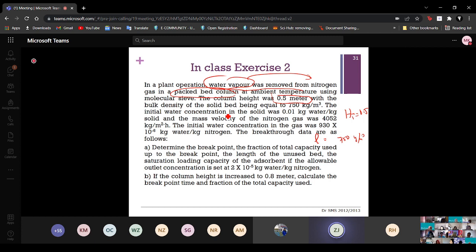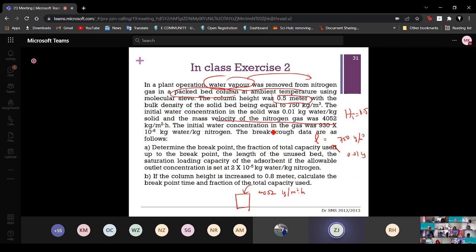The initial water concentration in the absorbent is 0.01 kilo water per kilo solid, and the mass velocity of the nitrogen gas put into the bed is 4052 kilo per meter square hour.